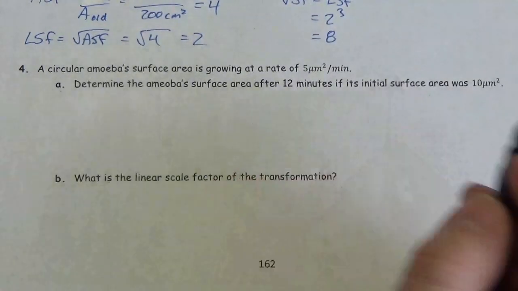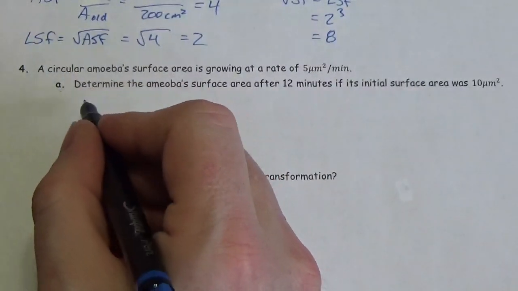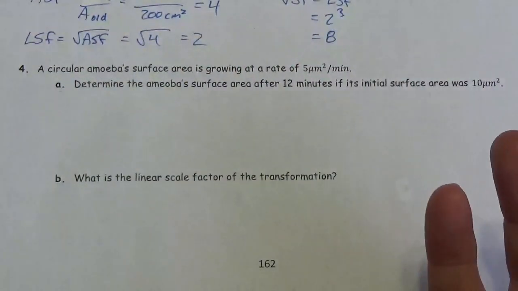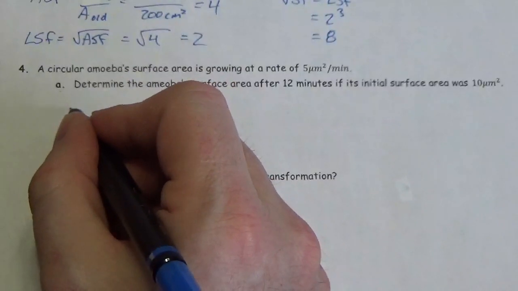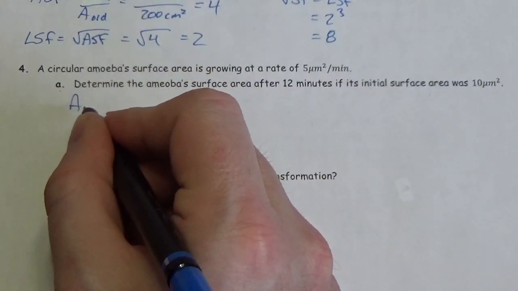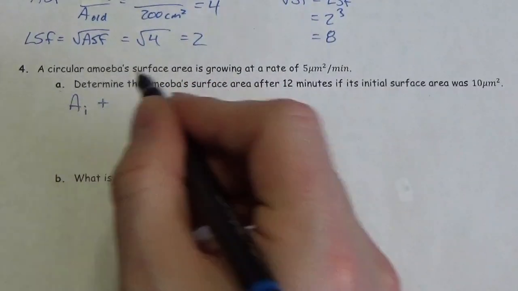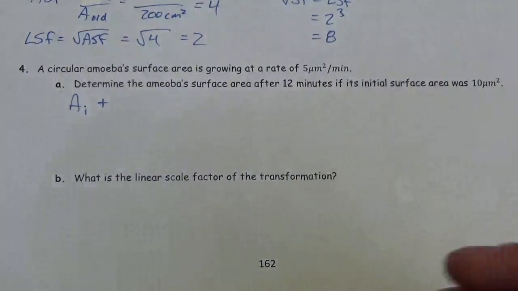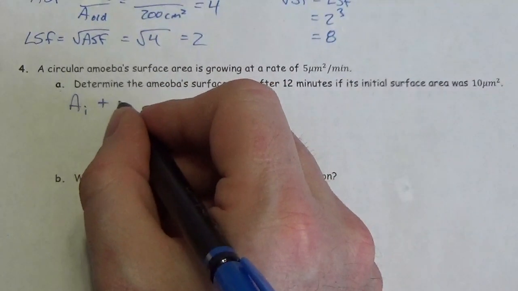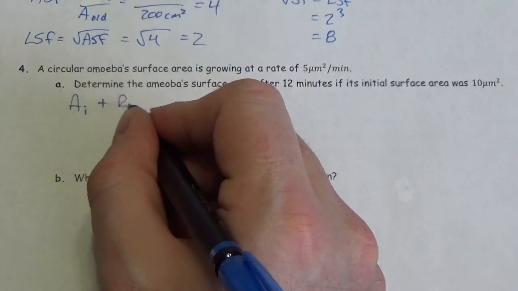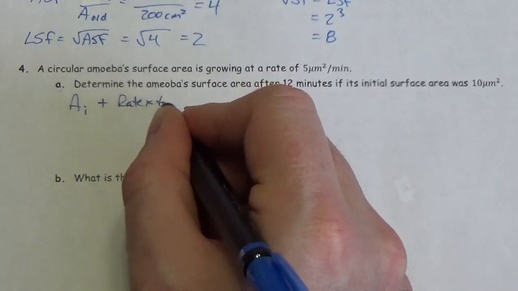Well, after 12 minutes, to figure out how much it's grown, we're going to start with its initial surface area and add to it the amount that it has grown. So we're going to take its rate and multiply that by time.